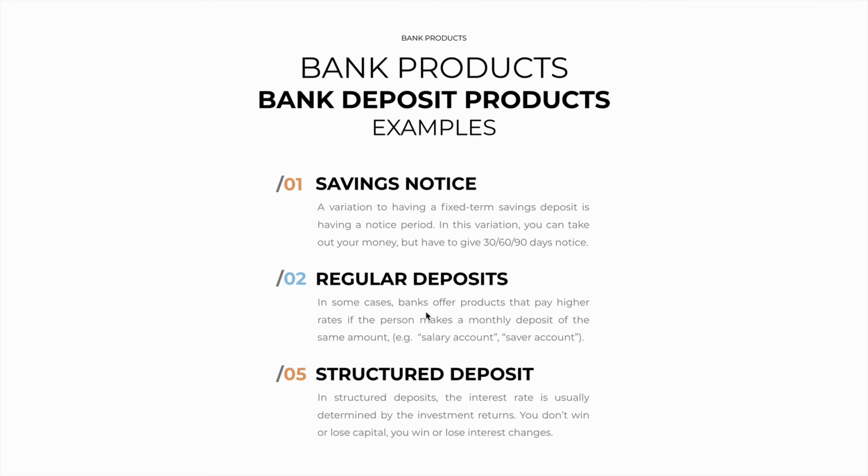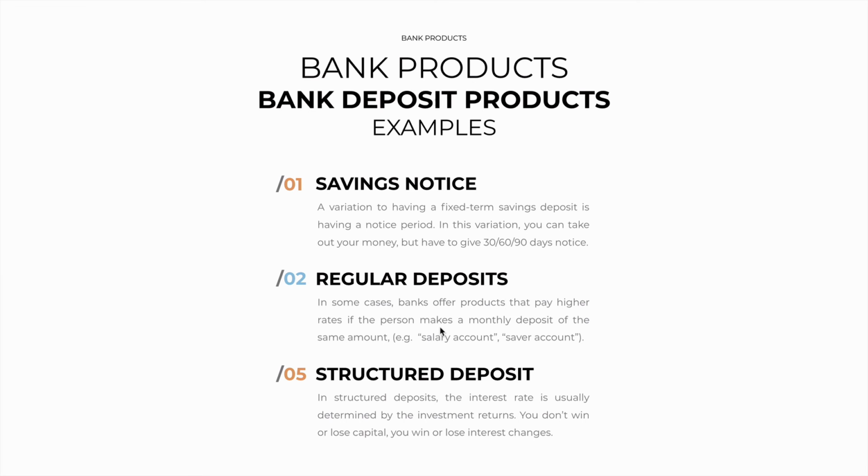Then we have regular deposits. In some cases, to promote stability in checking accounts, banks offer products that pay higher interest rates or that actually pay rates because many checking accounts don't have them under certain conditions.